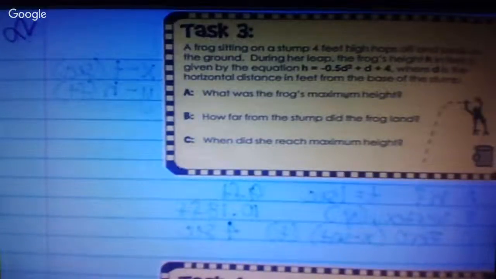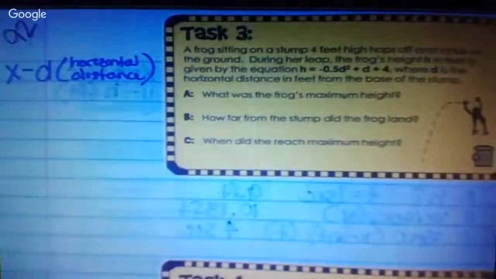Your frog is sitting on a stump 4 feet high, hops off and lands on the ground. During her leap, the frog's height in feet is given by the equation height equals -0.5 d squared plus d plus 4, where d is the horizontal distance in feet from the base of the stump. So what is X this time?